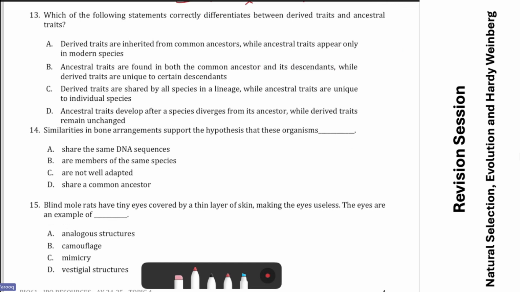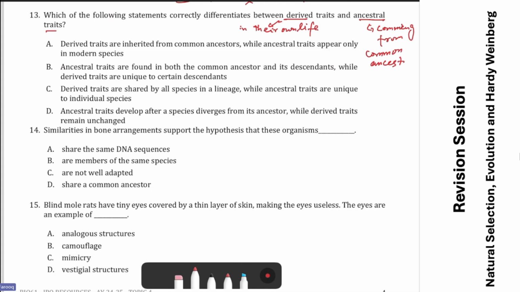Which of the following statements correctly differentiates between derived characters and ancestral characters? Okay. A derived character is any character that they get in their own life, and it is very specific to a species, while an ancestral character is coming from the common ancestor.